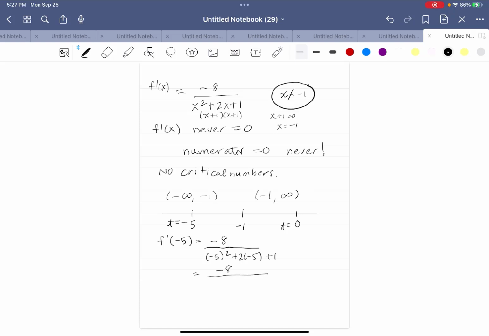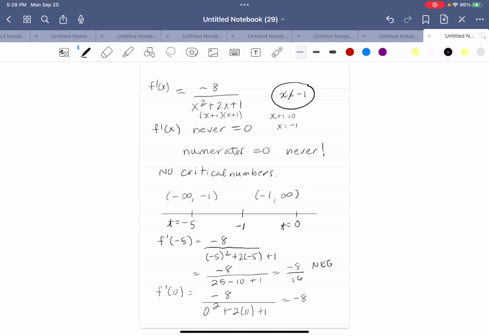-8 divided by 25 minus 10 plus 1 is -8 over 16, and that's negative. And then I put 0 into my derivative. I get -8 divided by 0 squared plus 2 times 0 plus 1.